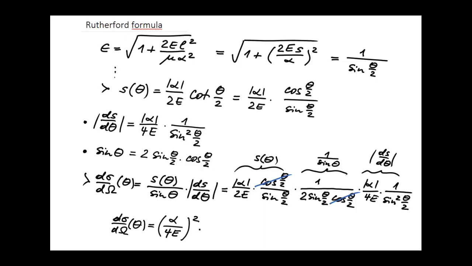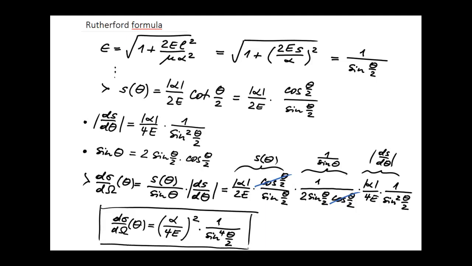And then what's remaining is 1 over sine of theta over 2, so half the scattering angle. And that factor we have a total of 4 times, so we have this to the power 4. And this is the famous Rutherford formula for the differential cross-section in the Kepler potential.